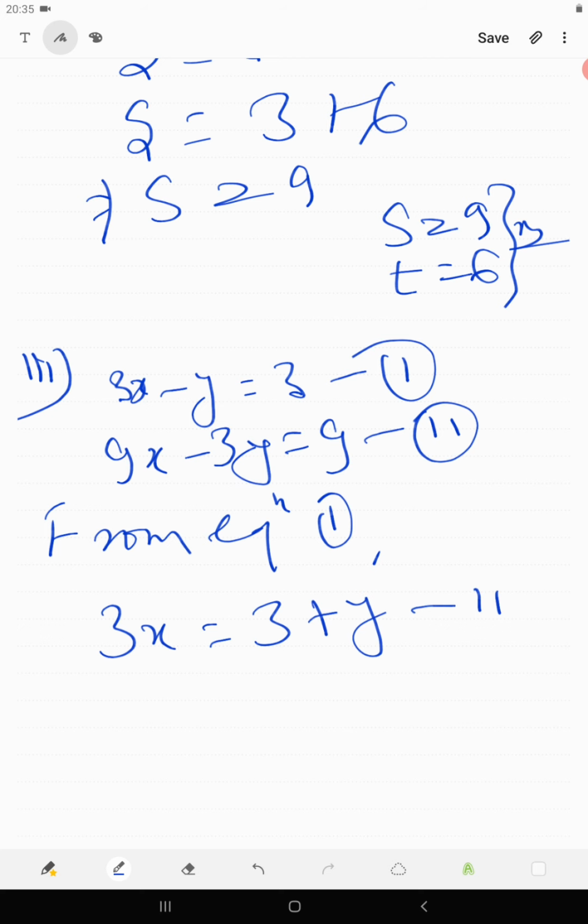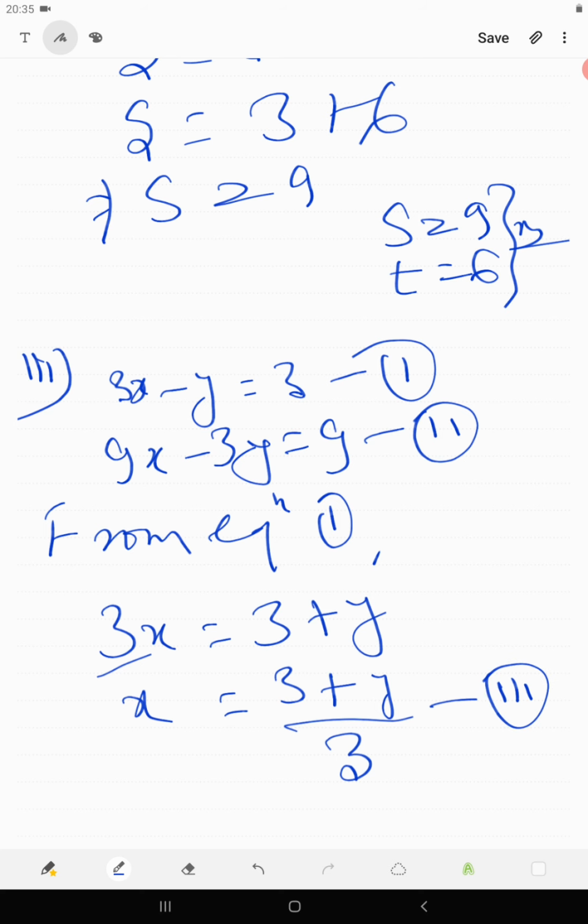This is our equation 3. Now put this value. So x equals 3 plus, not here. I should not do this over here. One more step is required because 3 is multiplied over here. So I will take 3 to this side. It will be 3 plus y by 3. This is our equation 3.